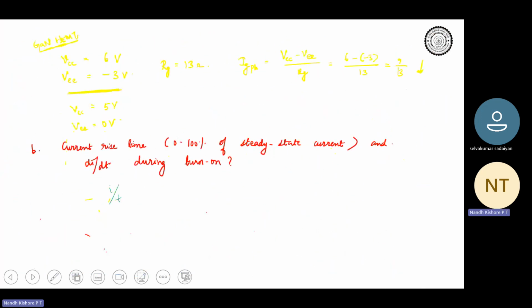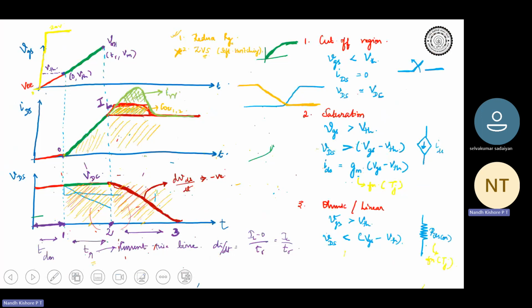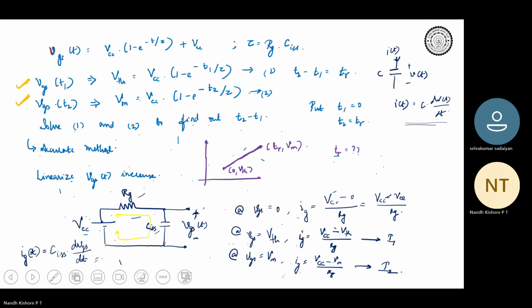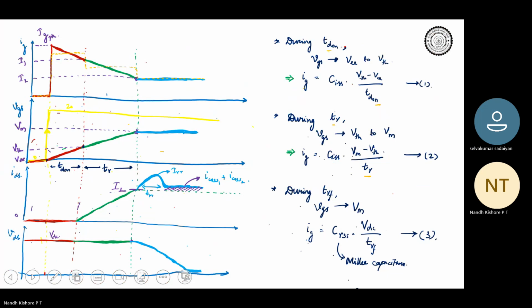So far we have seen three intervals, right? That is TD on, TR, and TDF. So which intervals should we be worried about regarding losses?